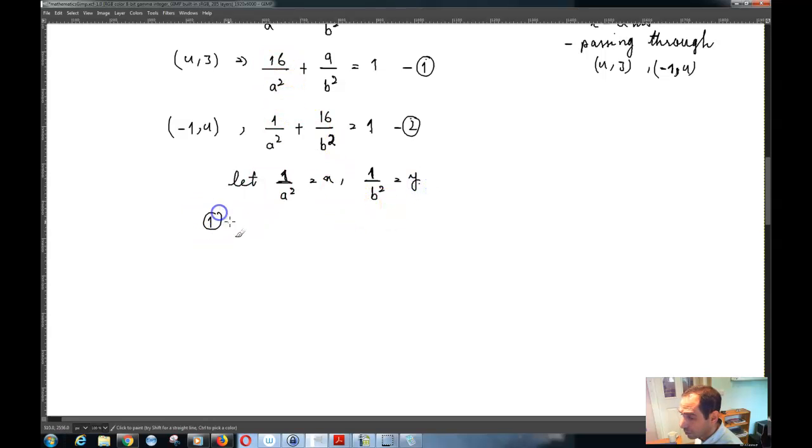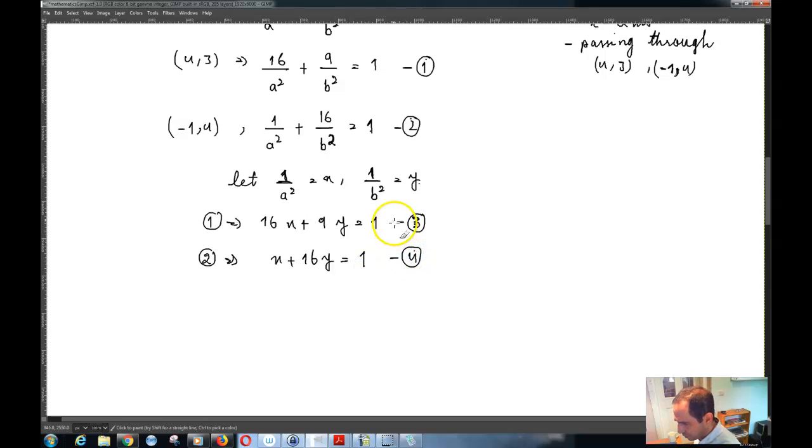Then equation number 1 becomes 16x plus 9y is equal to 1, equation number 3. And equation number 2 becomes x plus 16y is equal to 1, equation number 4. And now I can form a system of equations here.